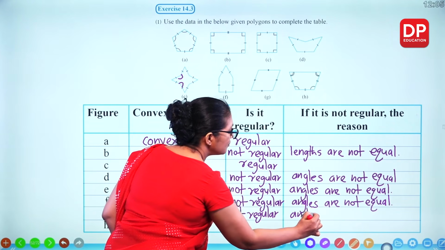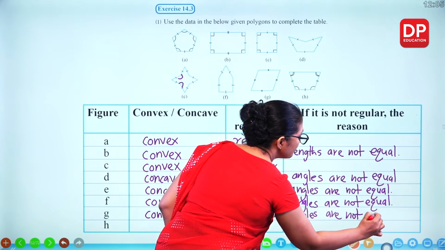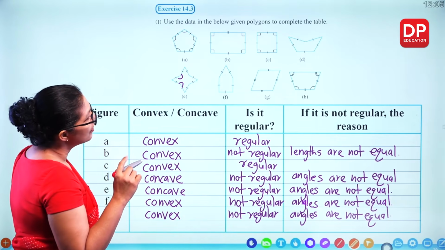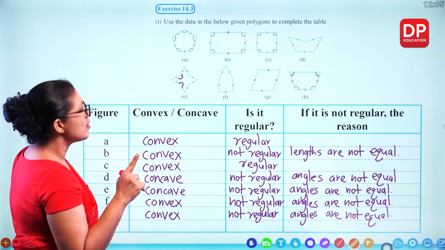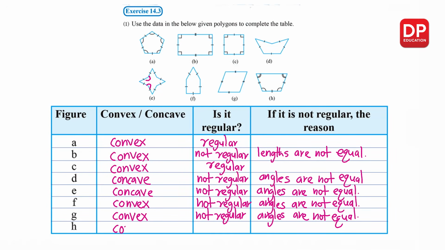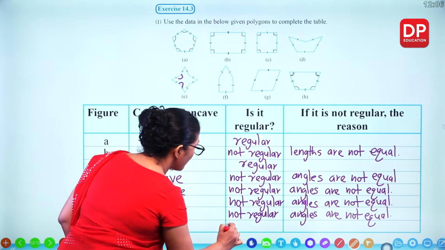Angles are not equal. H, obtuse and acute angle, so that's a convex polygon. So sides are not equal and angles also not equal, so not regular.